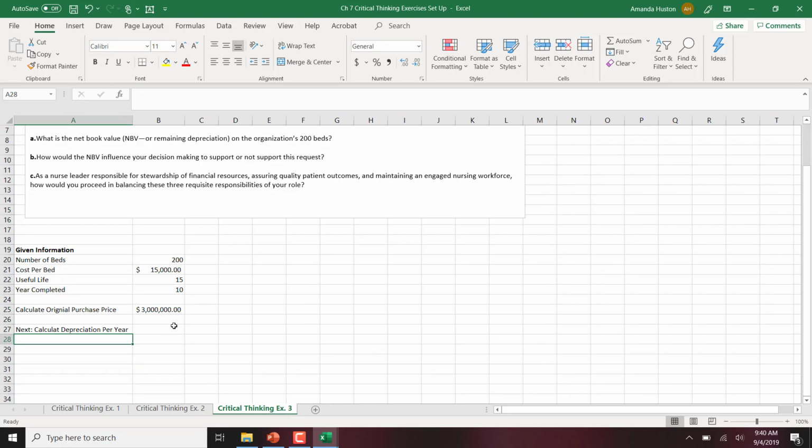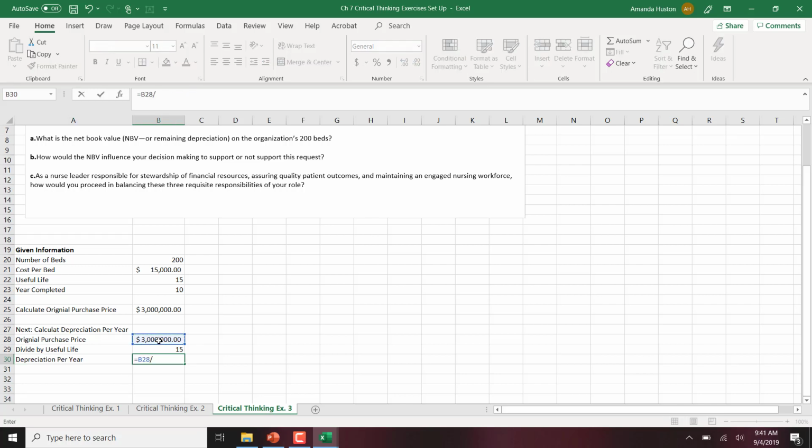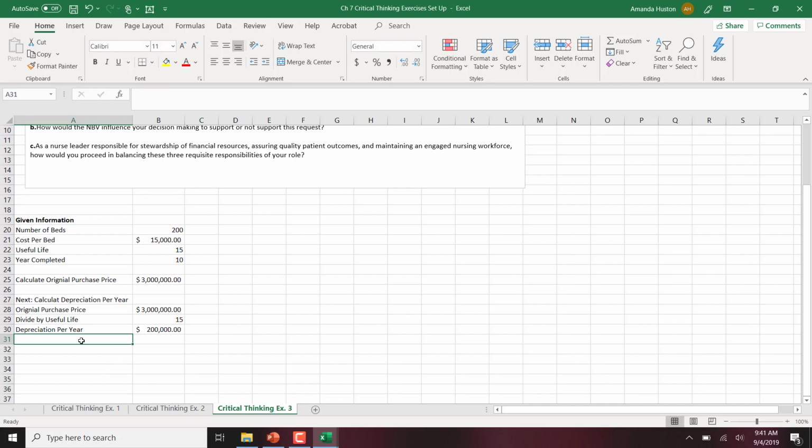Okay, you take the original purchase price, which is 3 million, we calculated above, divided by useful life, which is 15 years, and we get depreciation per year. So 3 million divided by 15. So it's 200,000 in depreciation per year.